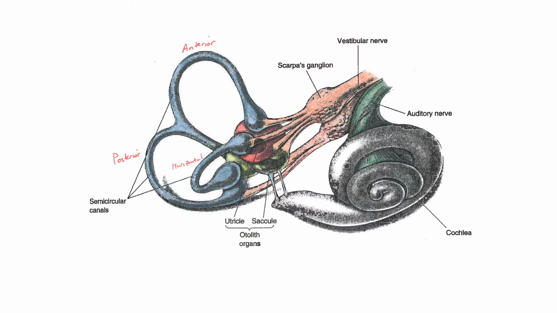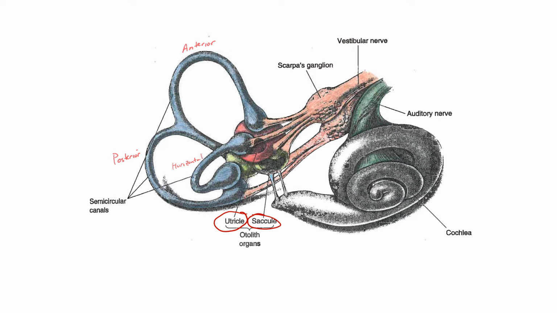The vestibular apparatus is located also in the inner ear, right next to and actually connected to the cochlea. When we look at the vestibular apparatus, first of all, we are going to see two little areas, the utricle, which I've colored in red, and then the saccule, which I've colored in yellow.